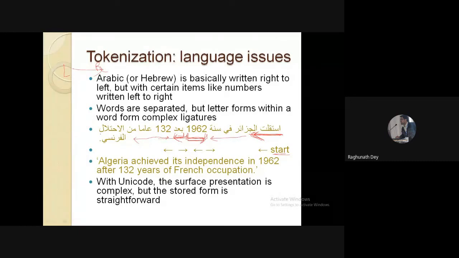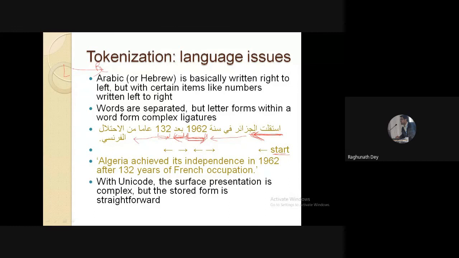Because this sentence consists of two things, Arabic characters and English numerical values, you have to scan the words or terms in the sentence in two ways, maybe from right to left, maybe from left to right, depending upon the alphabet or the numbers present in this particular sentence.